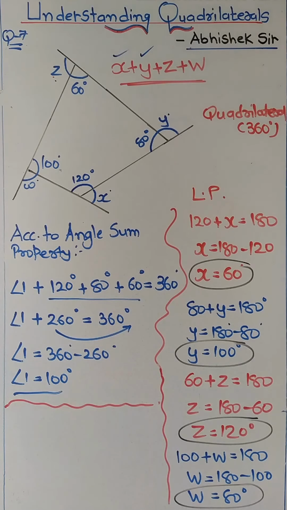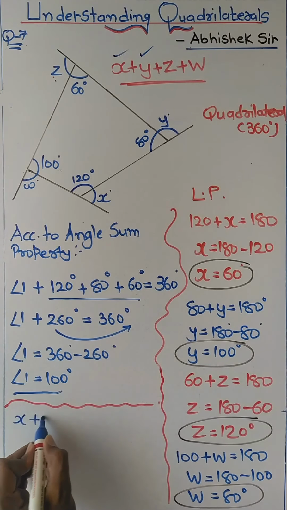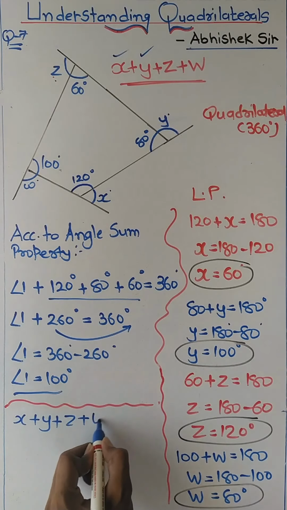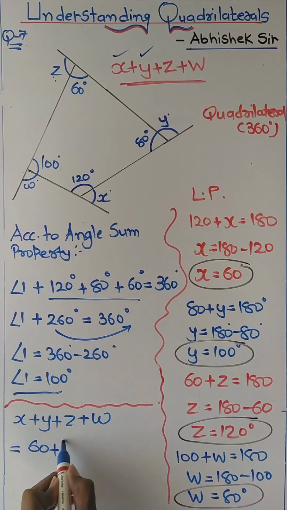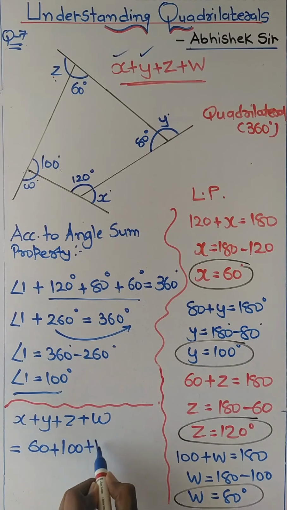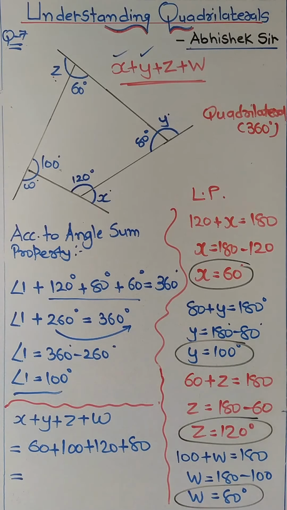Now the last step is finding out x plus y plus z plus w. Let us see what is the total. So that is 60 plus 100 plus 120 plus 80. And the final total is 360 degrees.